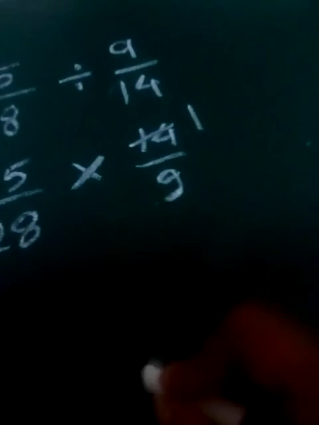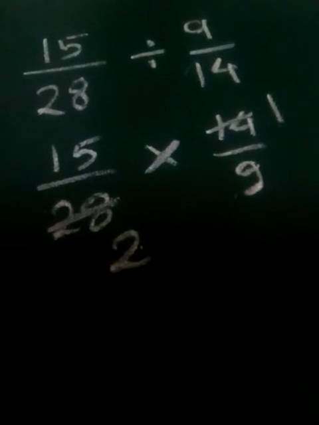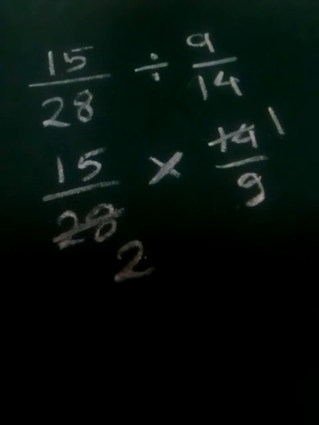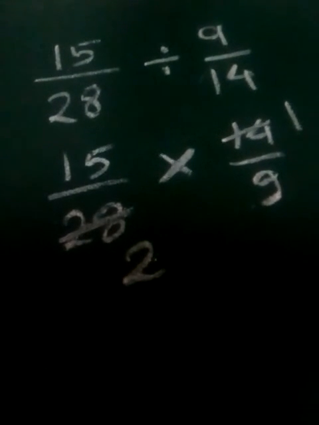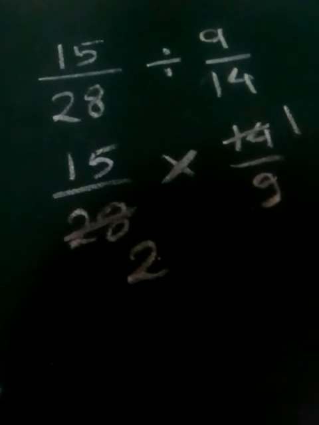So now how will you go ahead? 14 ones are 14 and 14 twos are 28. Good. And 9 and 15 both will go by 3.